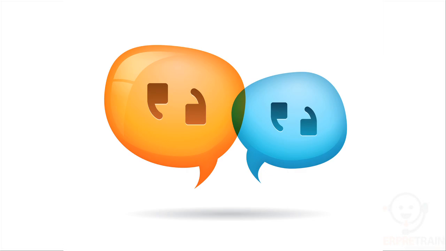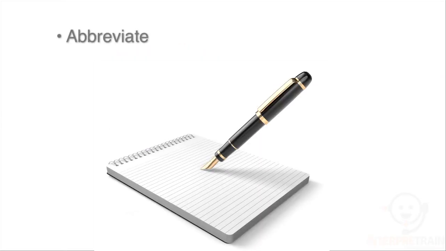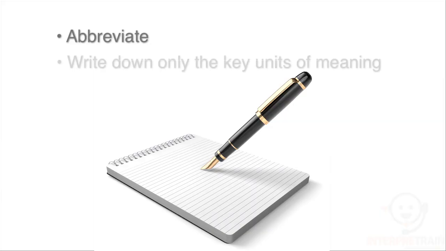They'll contain a message with real ideas. Try to abbreviate the words you hear and write down only the key units of meaning so you can keep up with the message. Listen to the following dictation and use your stenopad and your pen to take notes. The exercise will begin now.